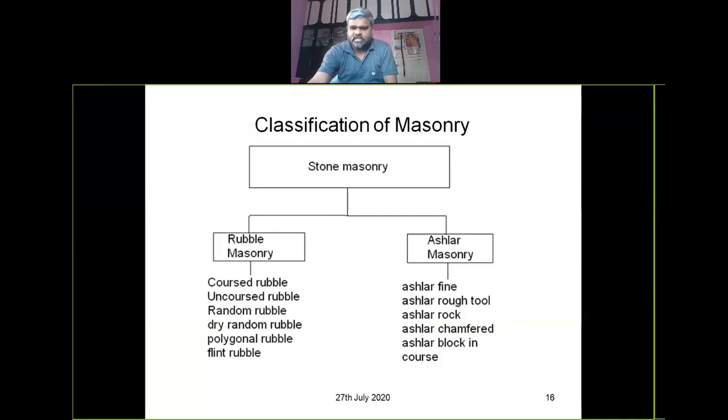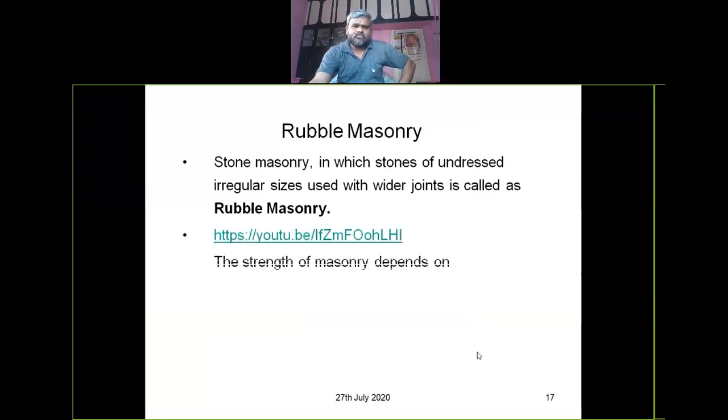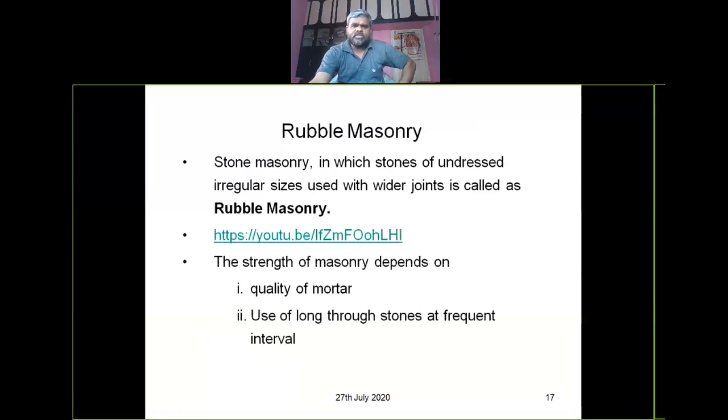And ashlar masonry is again divided into ashlar fine, ashlar rough tooled, ashlar rock, ashlar chamfered, ashlar block in course, right? So rubble masonry means stone masonry in which the stones of undressed or irregular sizes are used with wider joints, right?